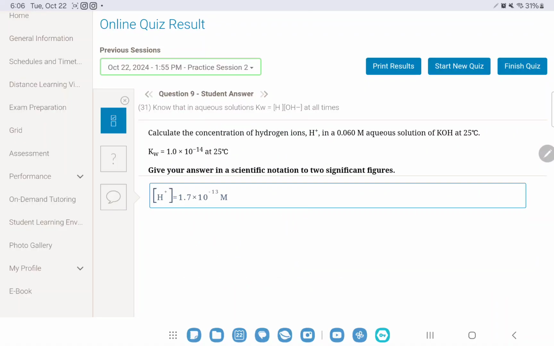Okay, here we have to memorize a small formula. When they are asking you for the concentration of hydrogen or OH minus ions at a certain concentration, this is what you do. You're going to do Kw over the concentration, 0.060.